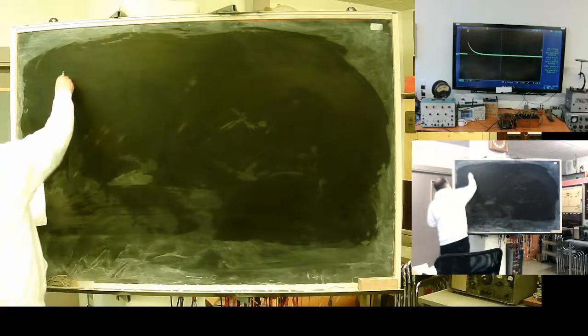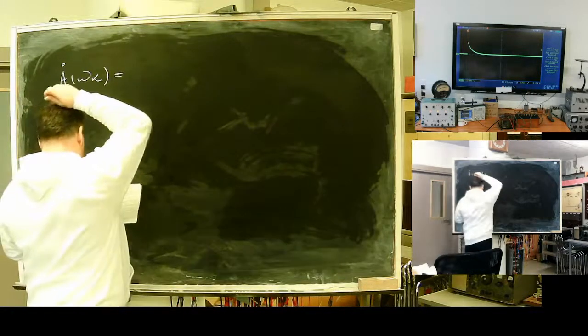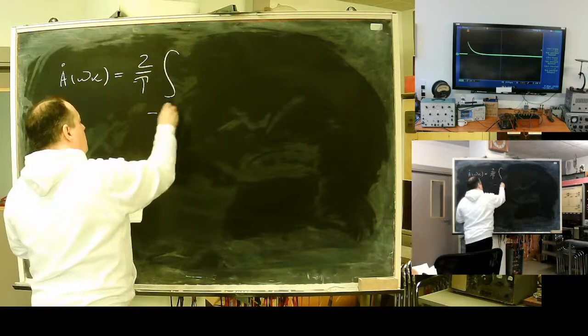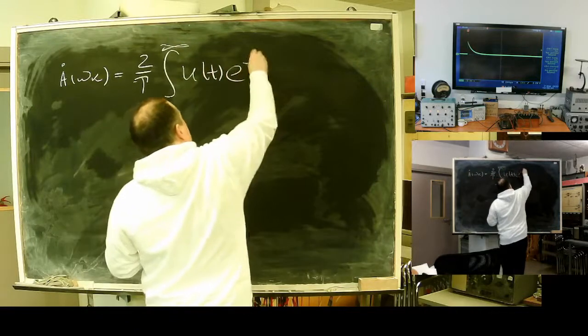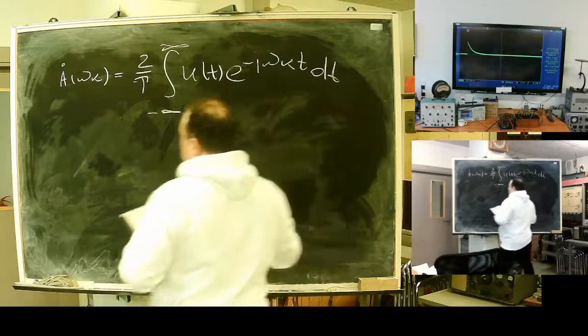If we started from omega t being minus infinity to infinity, f power omega k. It's what we started with.